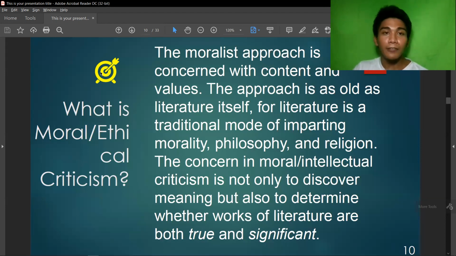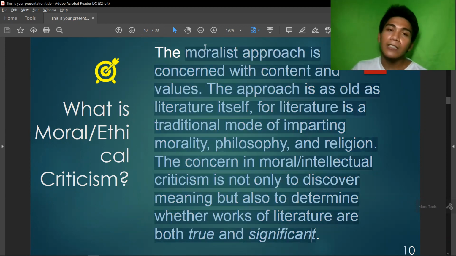Okay, let's read the definition. Moralist approach is an approach concerned with content and values. The approach is as old as literature itself, for literature is a traditional mode of imparting morality, philosophy, and religion. Then, the concern in moral or intellectual criticism is not only to discover meaning but also to determine whether works of literature are both true and significant.